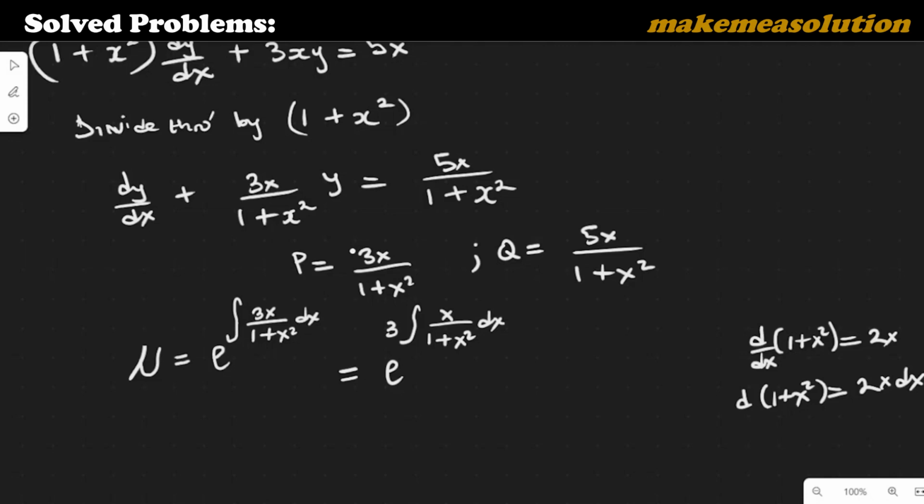So maybe if there's a way I can introduce 2, then I could replace some things appropriately. So I'll have my mu to be exponential 3 over 2, then 2x dx over 1 plus x squared.